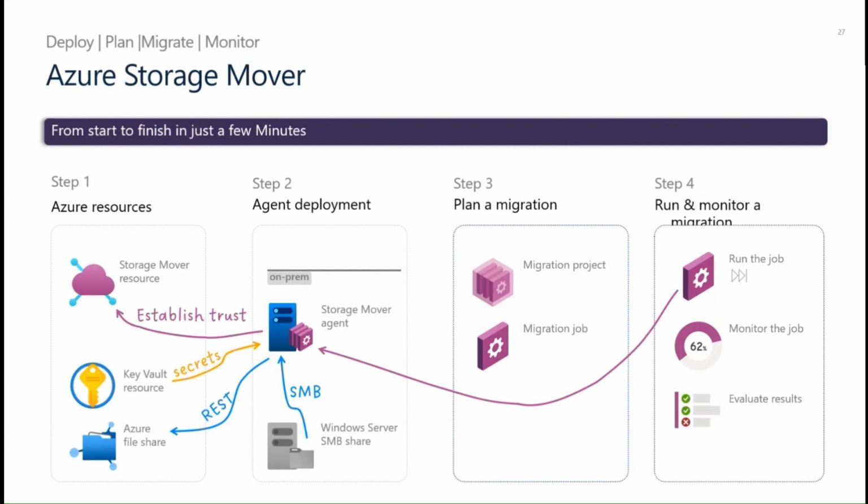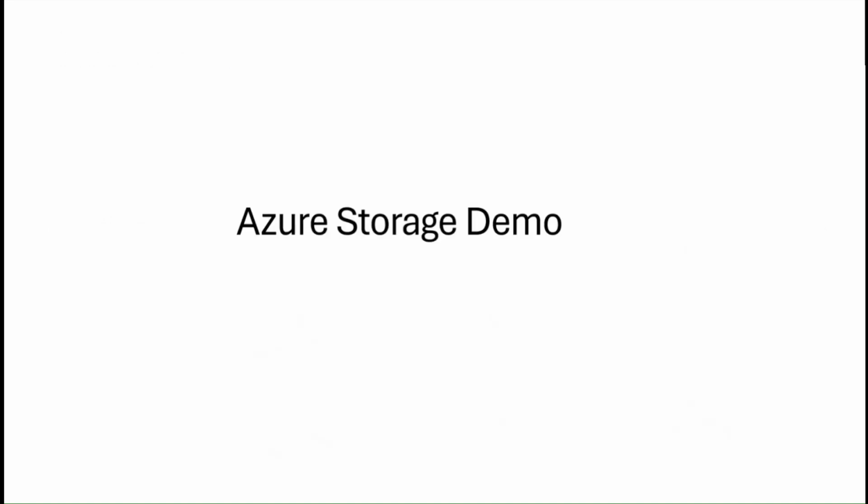I could, but it's not supported, so I don't want to confuse folks. But the idea here is that multiple storage mover agents can run jobs across the geography, and that gives you the ability to run the migration worldwide if you've got a really large application. So with that, let's take a look at Azure Storage Mover.